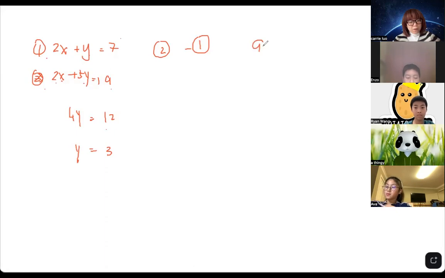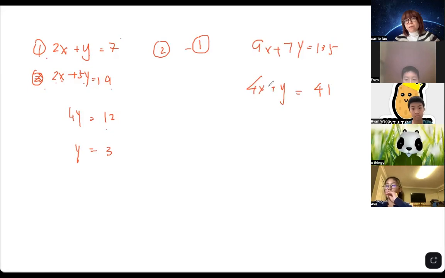this one is hard. 9x plus 7y equals 135, and 4x plus y equals 41. Okay, so everybody, let's take a look at this one. So Ryan, by simply subtracting them, 9x minus 4x equals 5x, 7y minus y equals 6y.